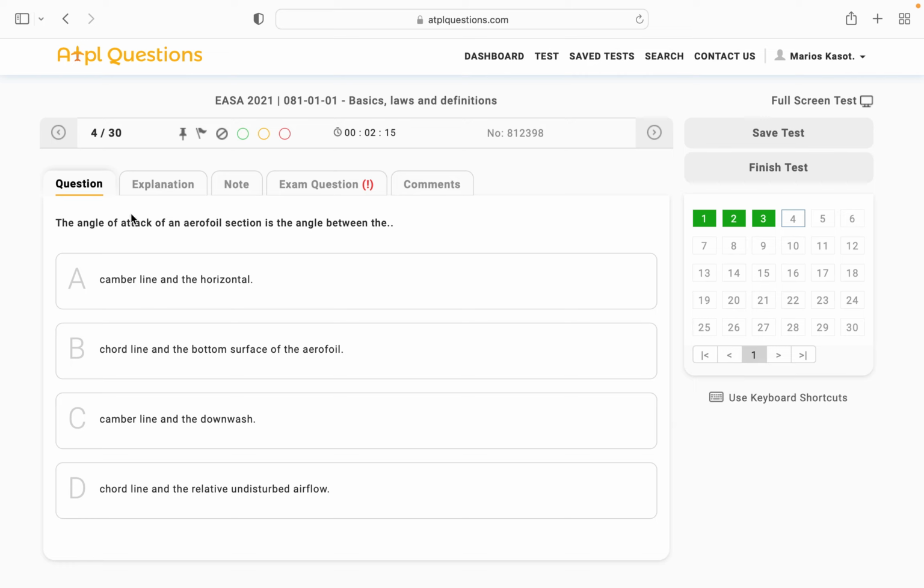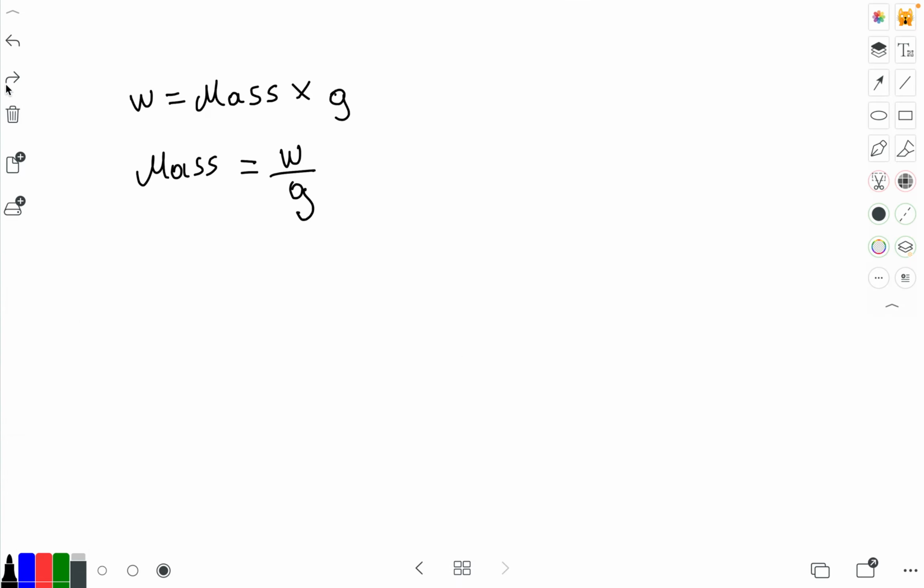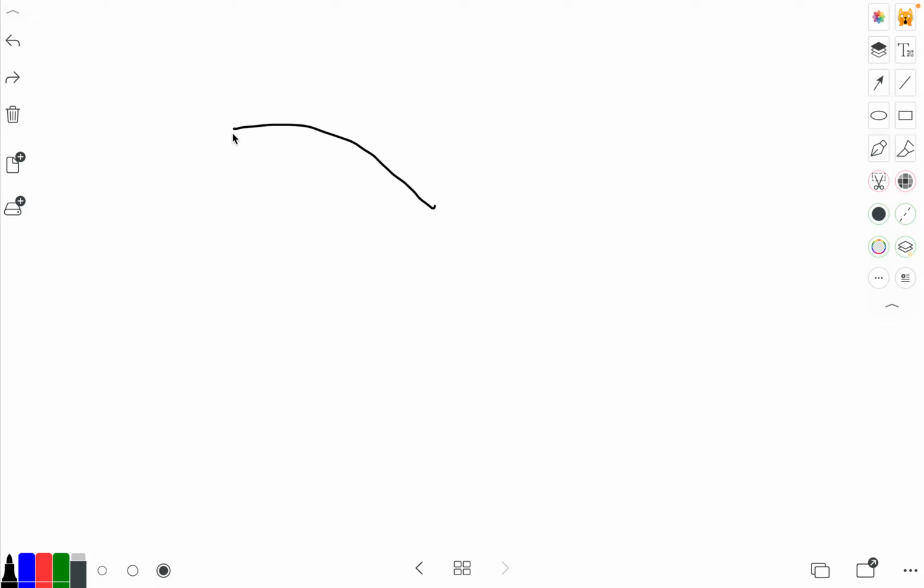The angle of attack of an airfoil section is the angle between the... First of all, let's see what the angle of attack is. Let's draw an airfoil over here. The chord line connects the leading edge and trailing edge.